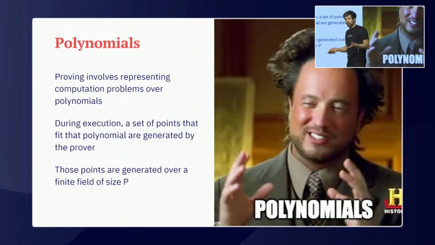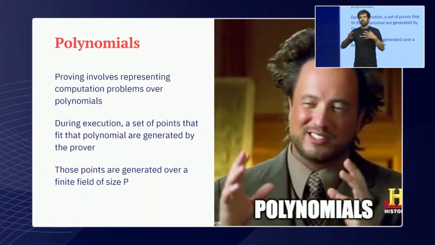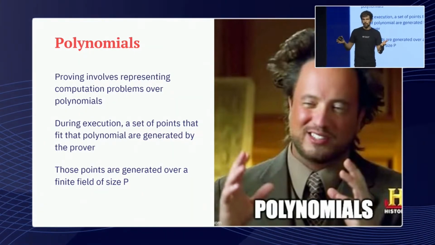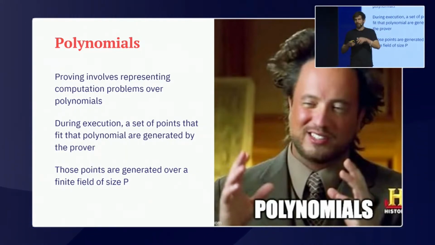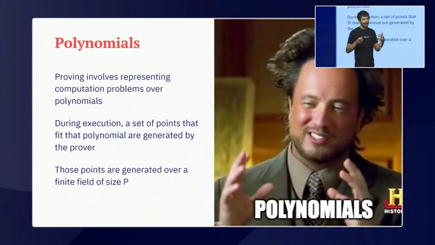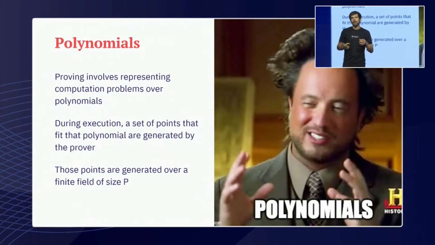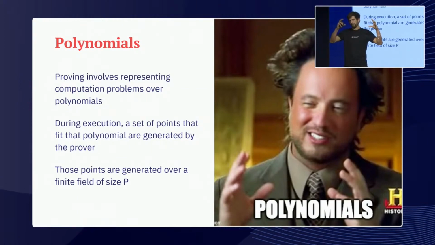So how does proving work, right? What is exactly proving? What do we mean by proving? So without going too much into details, proving essentially means representing a computational problem under the form of a polynomial. So if you've done some maths at school, polynomials are x squared plus ax squared plus bx to the power of 3 and so on, right? But very complex and very heavy ones. When you're running a computation in order to prove it, your computer program is represented as a set of values in columns, and each of those columns has a mathematical relationship with the one neighboring it.